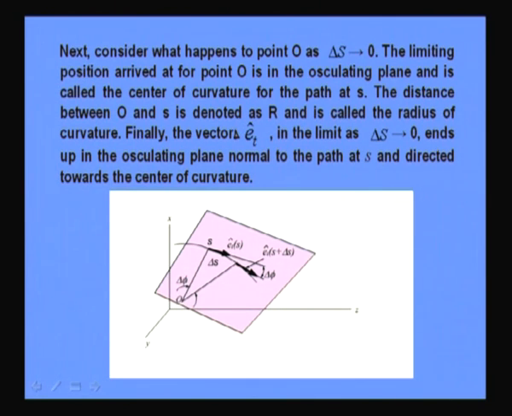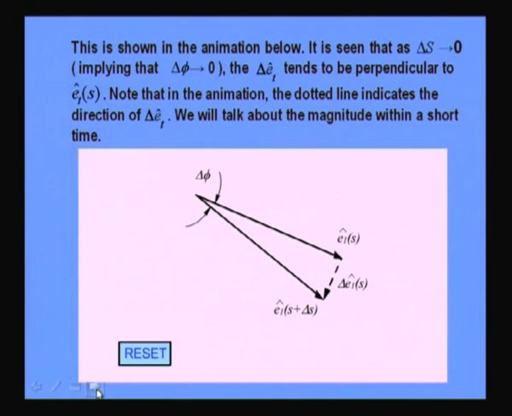normal to the path at S and it is directed towards the center of curvature. This is explained here.